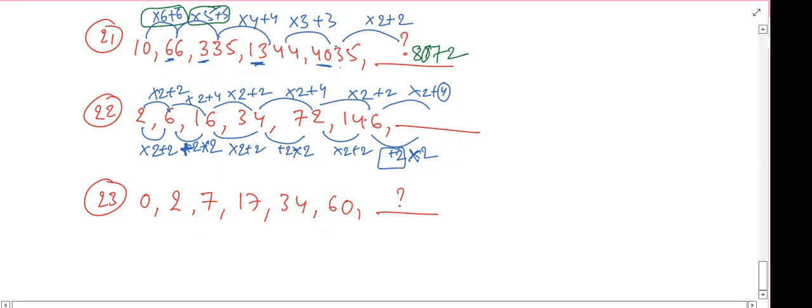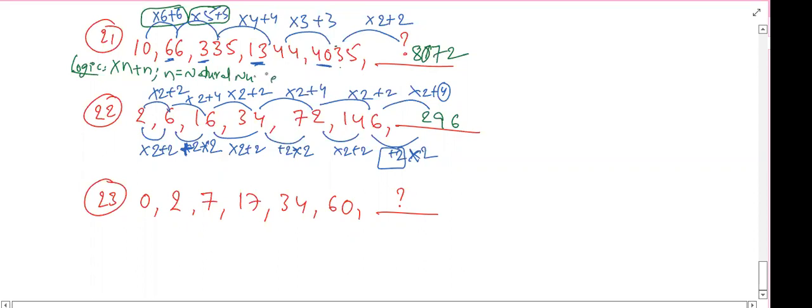The answer in the previous question is into 2, 292 plus 4, which is 296. We forgot to write the logic for questions number 21, 22, and 23. Question number 21 logic is into n plus n, where n is a natural number, but a decreasing natural number, starting from 5.